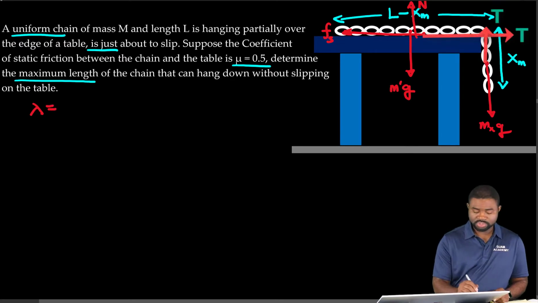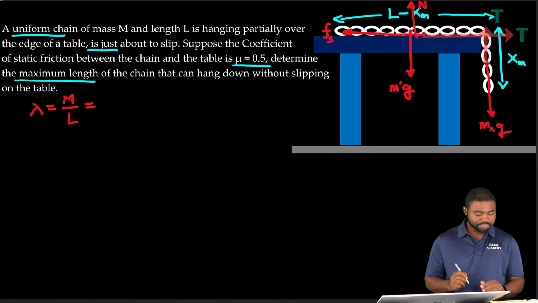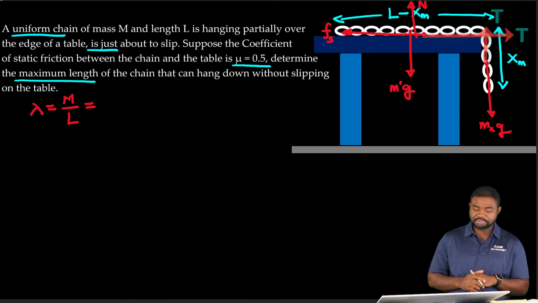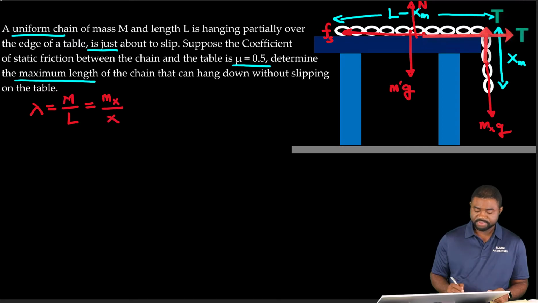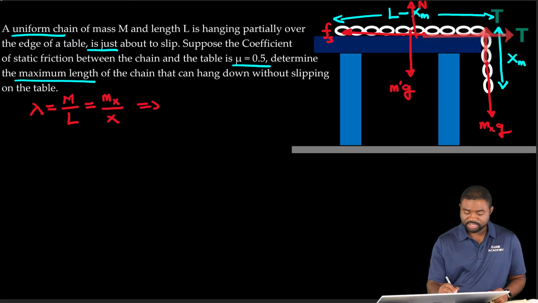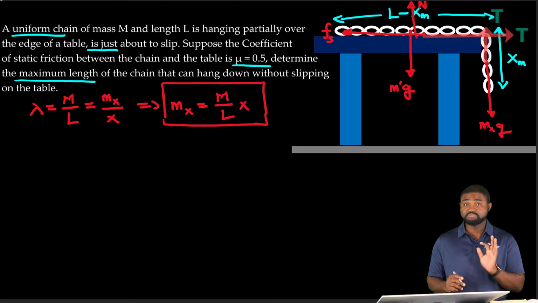This is going to be equal to capital M divided by L, and this is going to be equal to, pay attention now, MX divided by X, which implies that the mass of the chain hanging is equal to capital M divided by L multiplied by X. So this is the mass of the hanging portion.